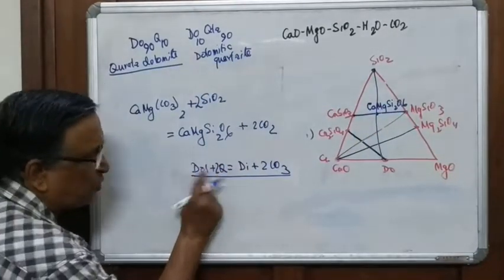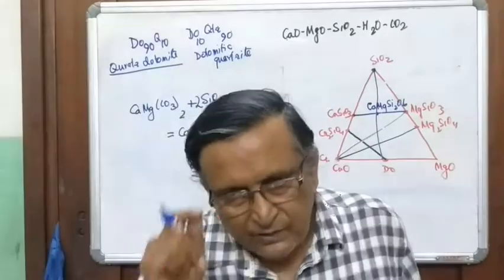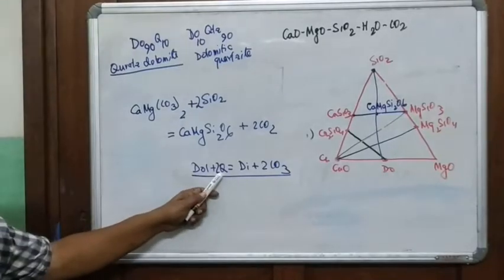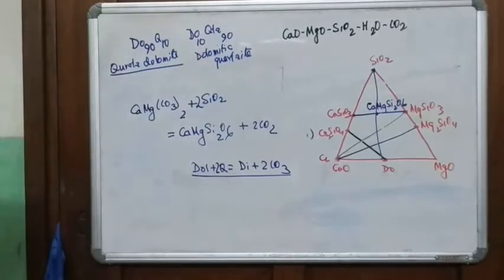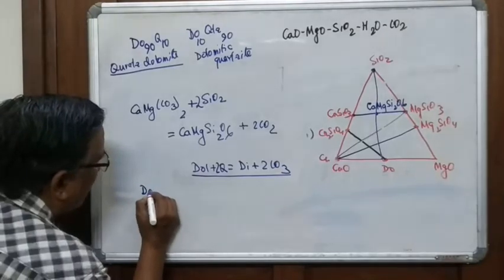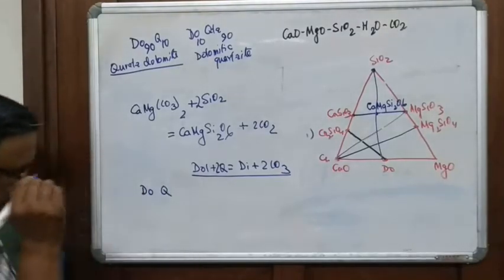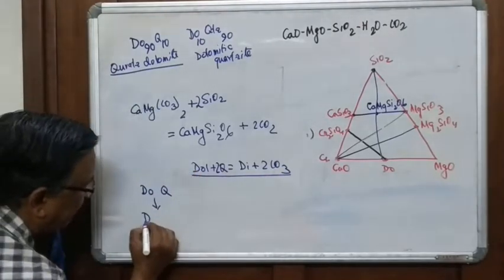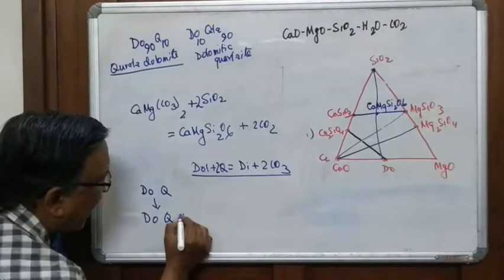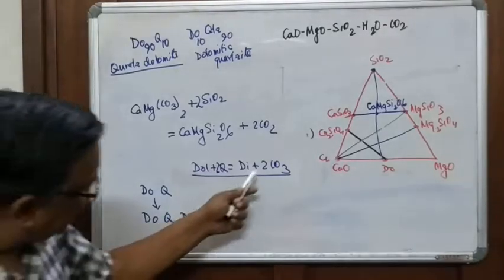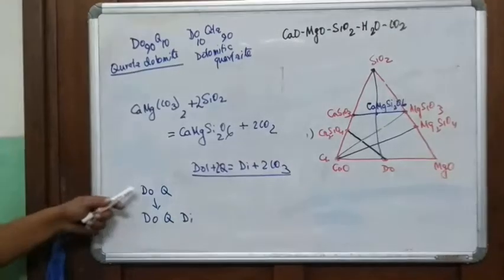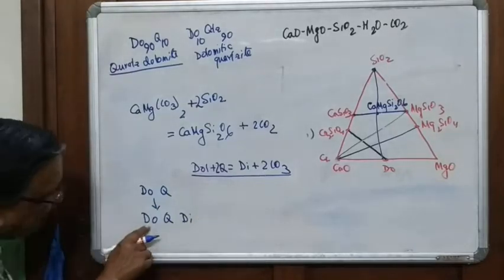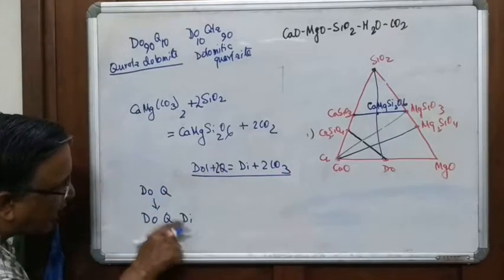Dolomite is reacting with quartz in the ratio 1:2. That means for every dolomite, 2 quartz is being consumed. So, if I start with dolomite and quartz, then at one point when the reaction starts, you will have dolomite, quartz and diopside because you are producing diopside. If this reaction is on, then you will have at some point of time dolomite, quartz, diopside.